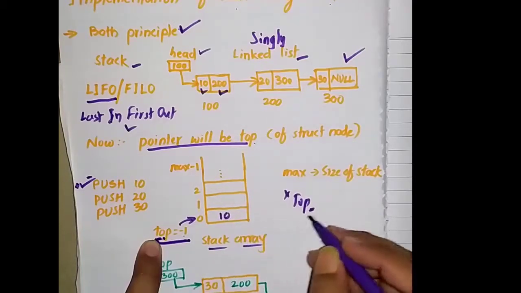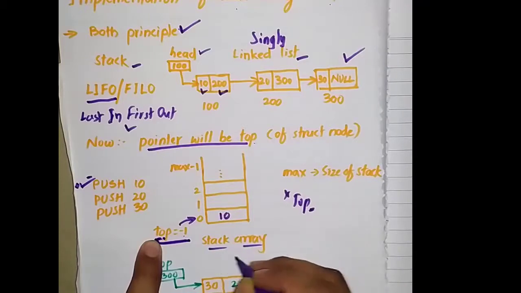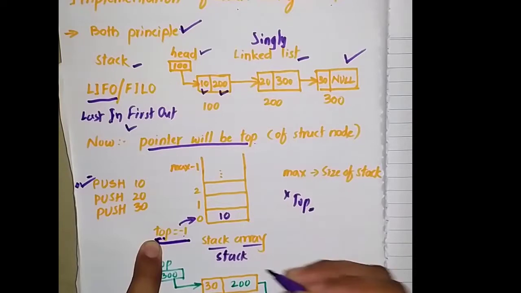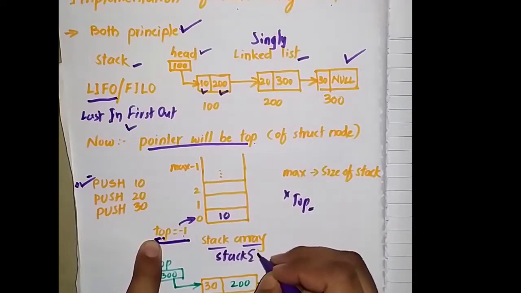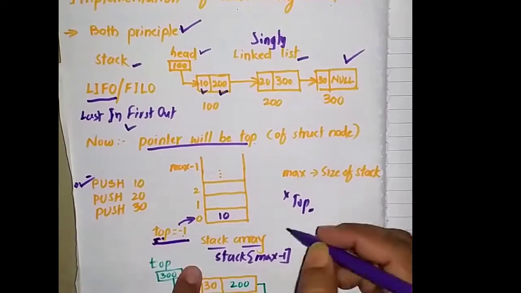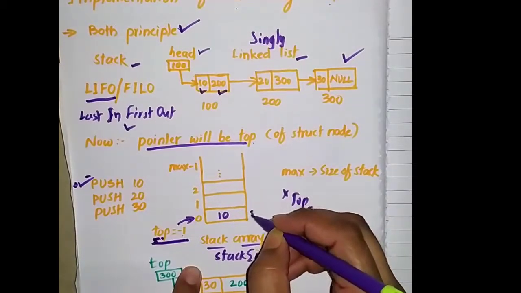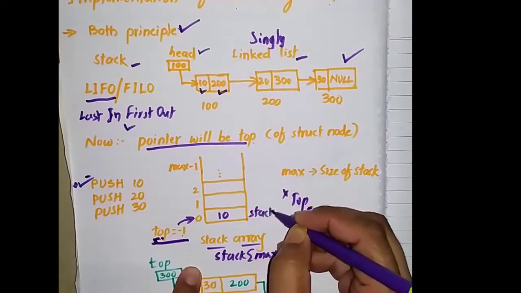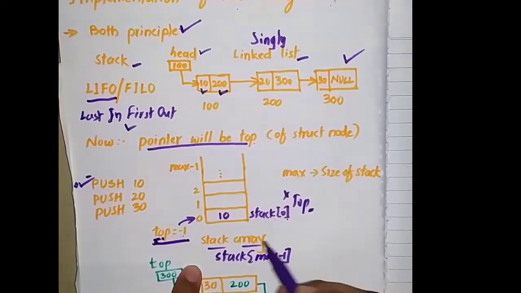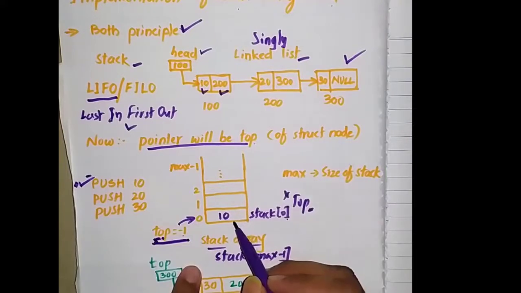If the stack array variable is stack, then this will be of size max -1, and this location will be stack of 0. In the stack of 0 location, I will be pushing the first data, that is 10.